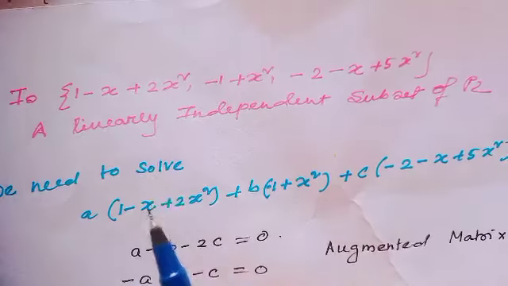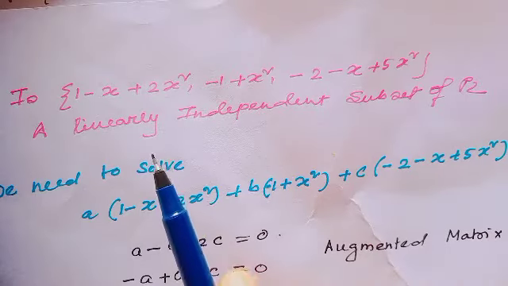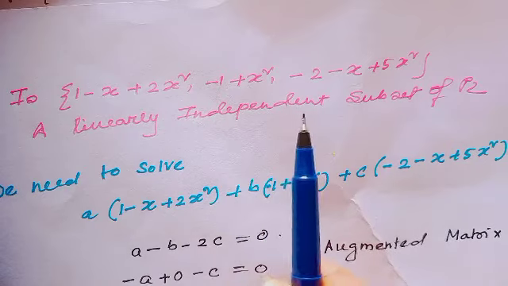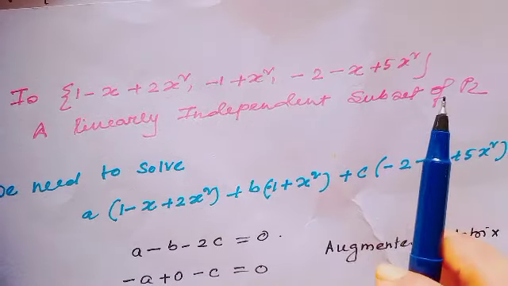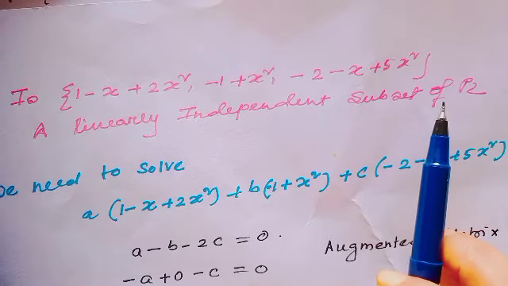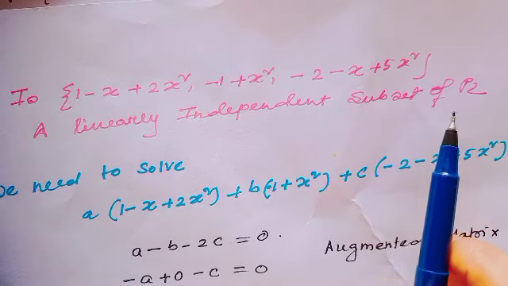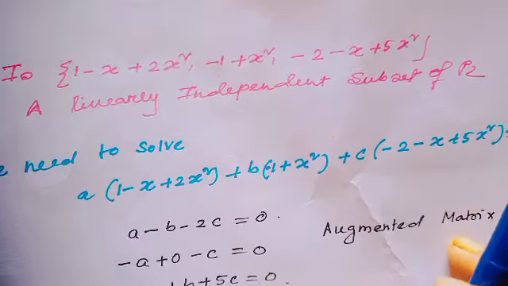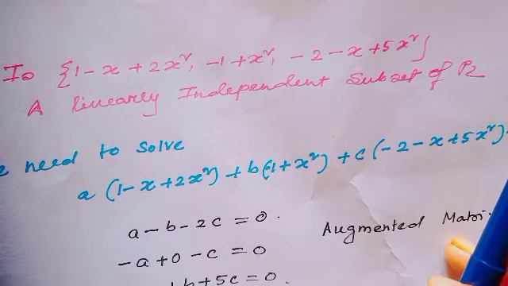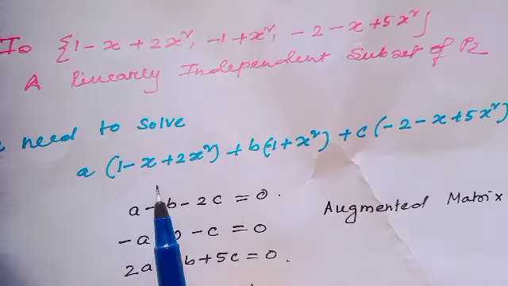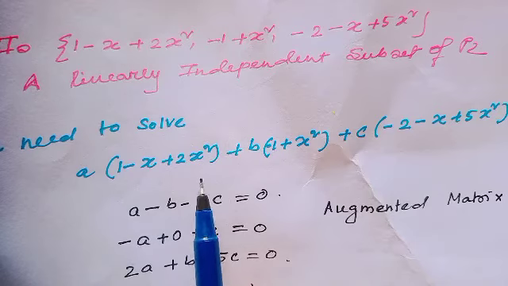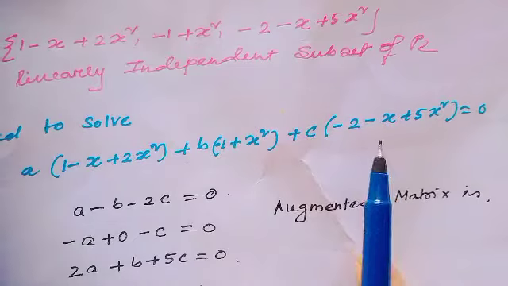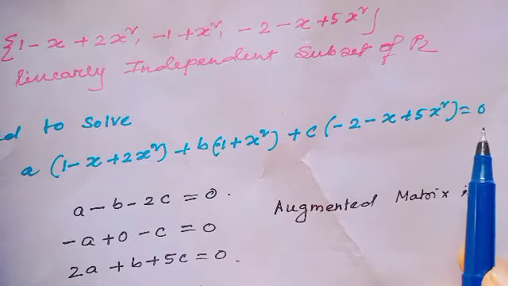Our next question: is the set containing 1 - x + 2x², -1 + x², -2 - x + 5x² linearly independent in the space of polynomials of degree less than or equal to 2? To prove linear independence or dependence, we need to solve a(1 - x + 2x²) plus b(-1 + x²) plus c(-2 - x + 5x²) equal to 0.